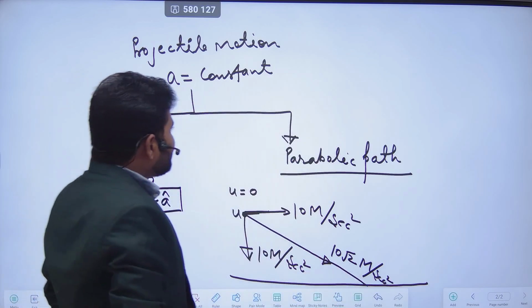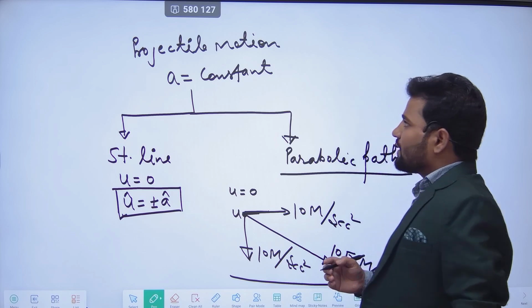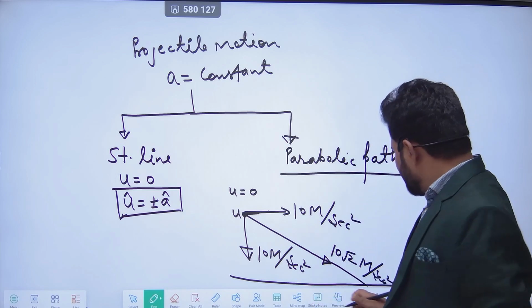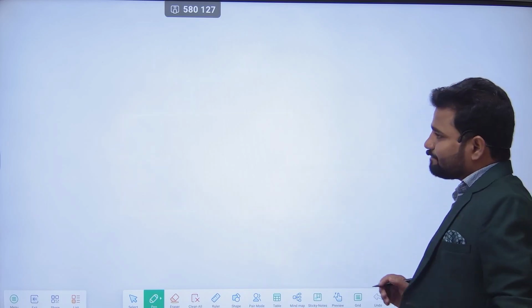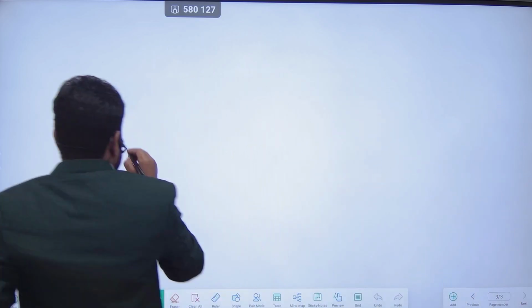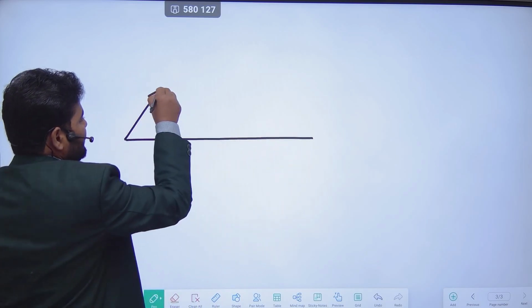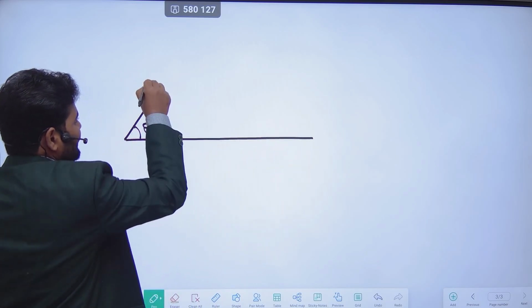Next, we talk about the ground to ground projectile. Let's say for example, a ball is launched at an angle of theta with the speed u.